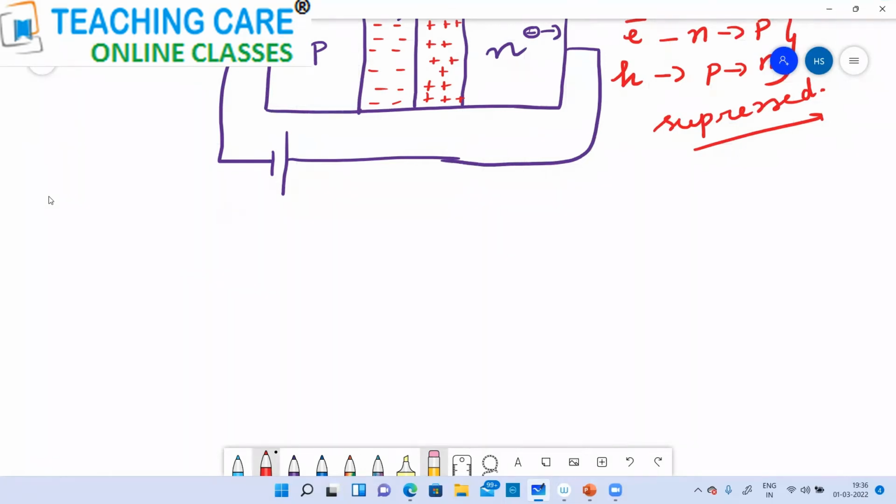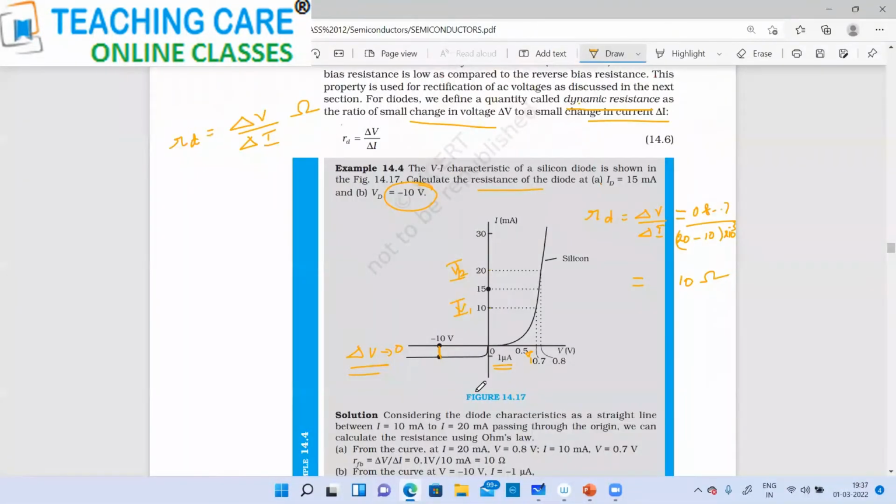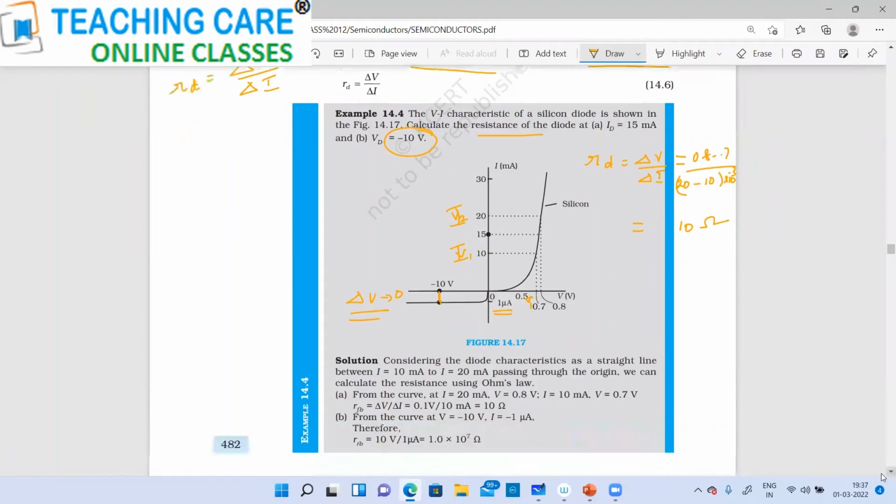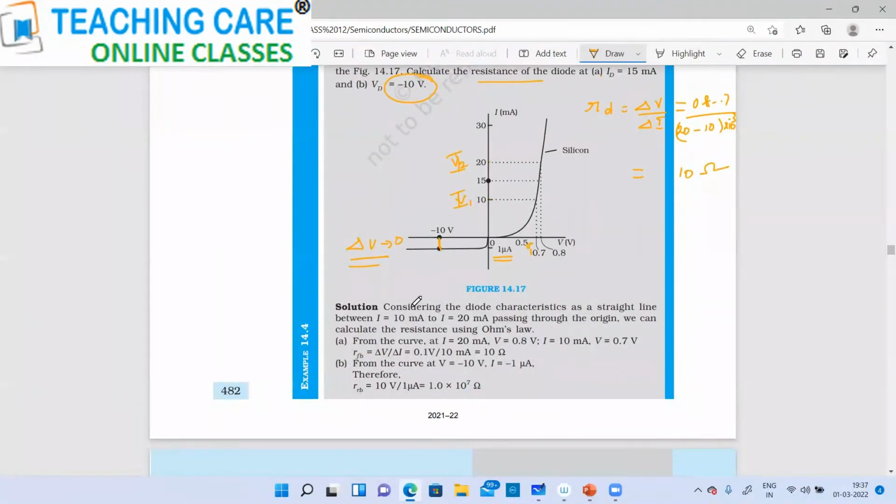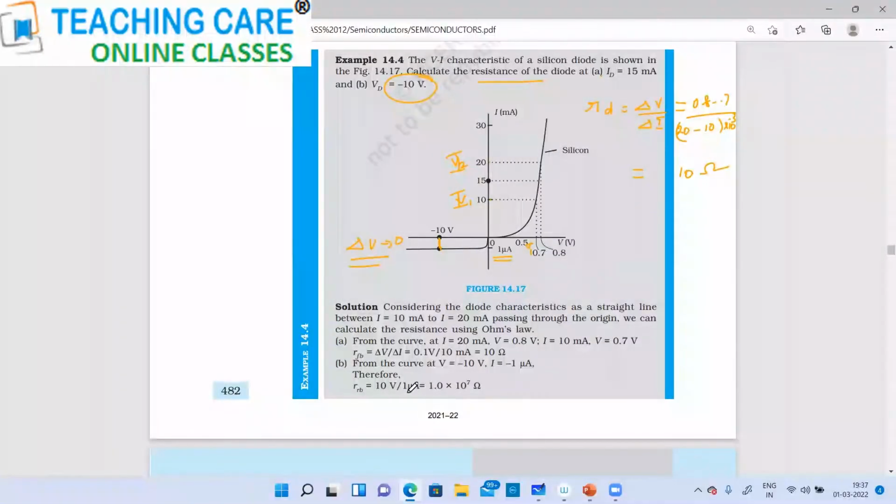Minus 10 divided by? For the second one, I'm not getting minus, I'm getting a very high number. The voltage is negative voltage, isn't it? Minus 10 divided by 1 microampere.